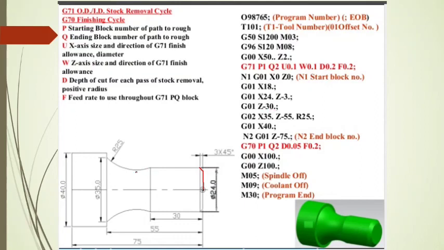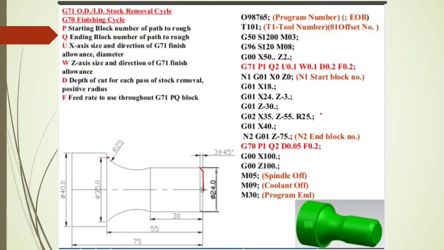Now this is a circular turning operation. That is why we need to specify the tool movement in circular direction, and that can be specified by G02, which indicates clockwise rotation of the tool. For the circular arc, you need to specify the final location for the arc and the radius of the arc.